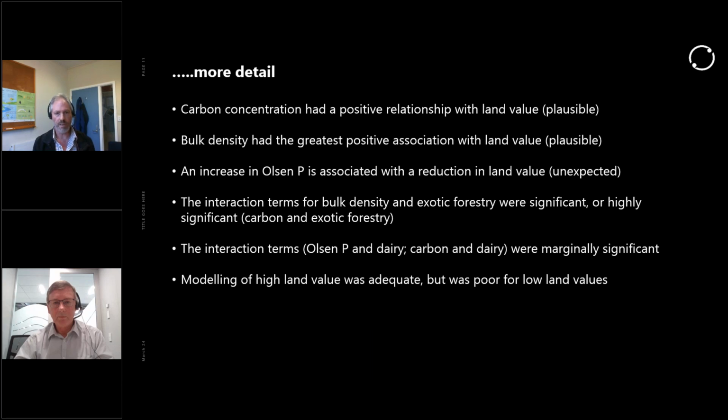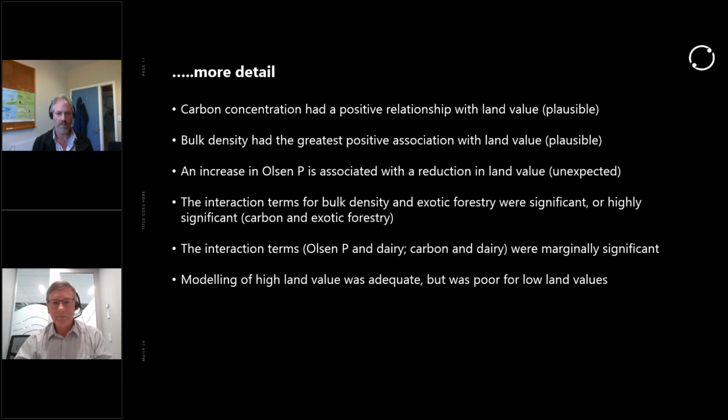A wee bit more detail, so we looked at things in a slightly more complex way. Soil carbon concentration had a positive relationship with land value, which is quite plausible. Soil bulk density also had a positive association with land value, and again, when you think about it, quite plausible.